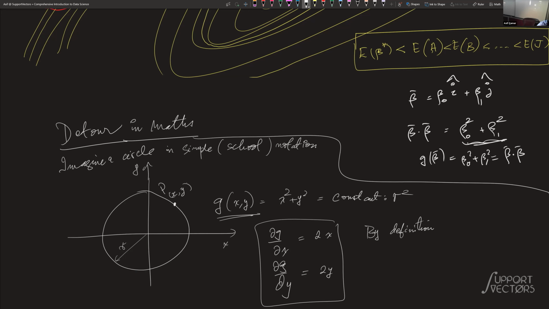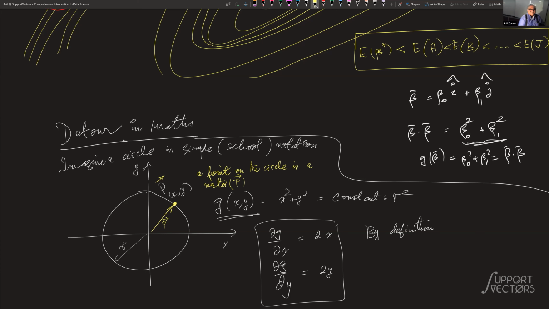A point is a vector. That part is also obvious. This is the P vector and this is the point P. So a point and a vector are the same thing, right? This is one of the simple intuitions to remember.